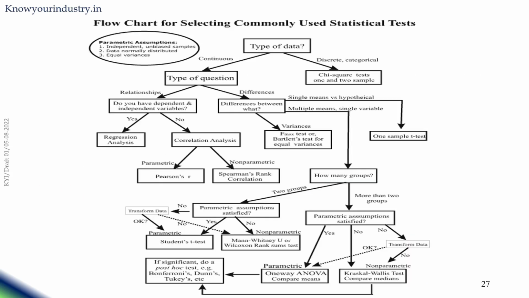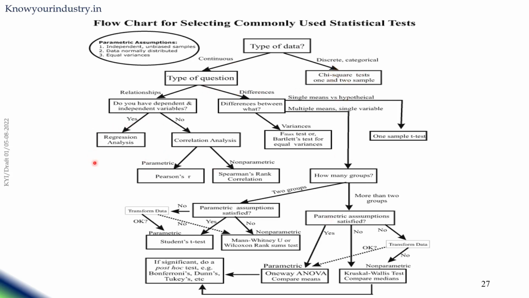This slide presents a flowchart for selecting commonly used statistical tests. Whatever we have seen from slide number 1 to the last slide is presented here with an appropriate flow. It starts with the type of data and assumptions about the data, like whether it is independent, whether it is normally distributed, etc. And also whether the data is continuous or discrete or categorical, based on which the further flow of the statistical analysis will be chosen.